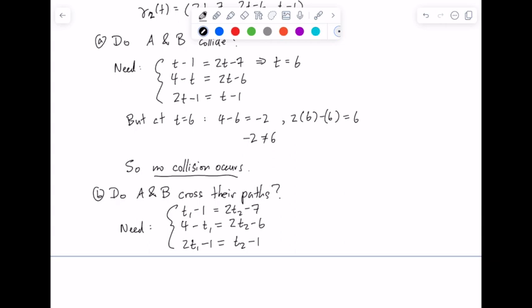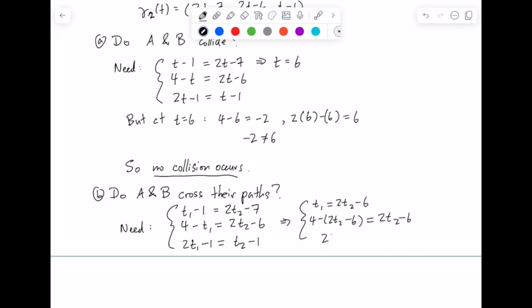Now if we just look at the first two equations here, we could transform the first equation into T1 is equal to 2 times T2 minus 6. And substituting this into the second equation, we have 4 minus (2 times T2 minus 6) must be equal to 2T2 minus 6.